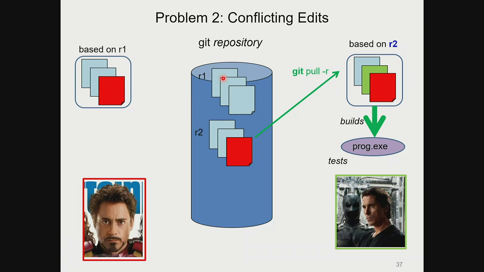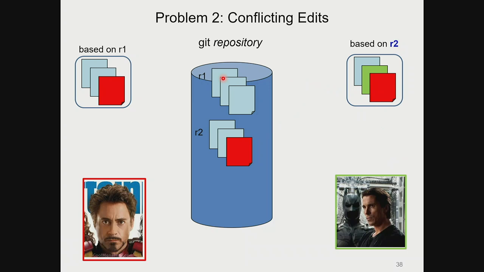Now let's say that Bruce didn't find any issues, that's perfect. Now he can commit and push his code, and Git shouldn't give him any errors anymore. And now we have R3 here, where both the red changes and the green changes are on the main repository.